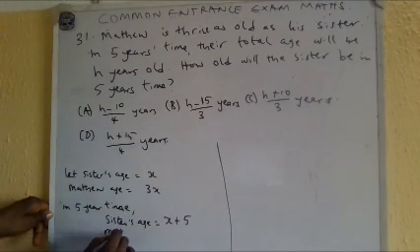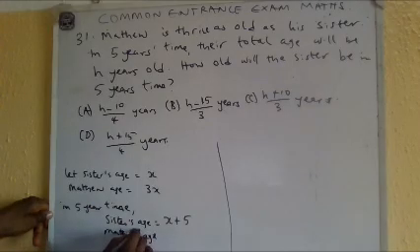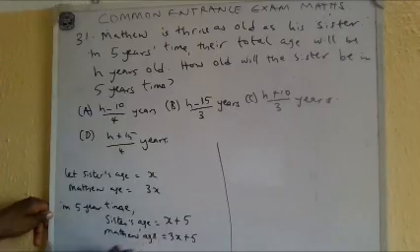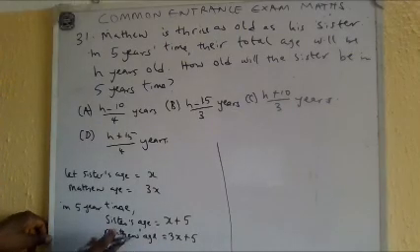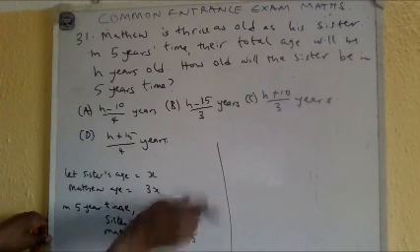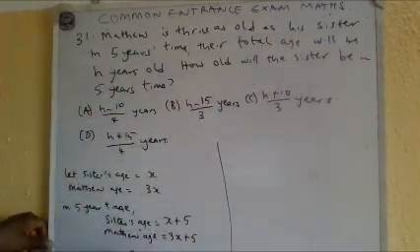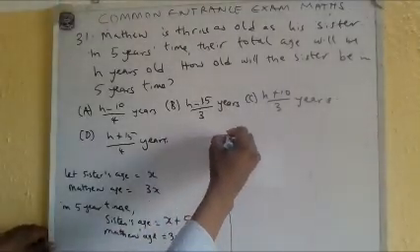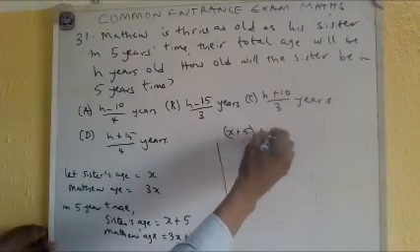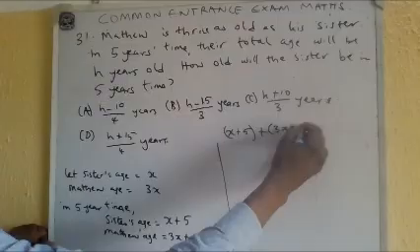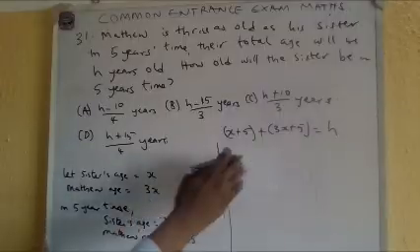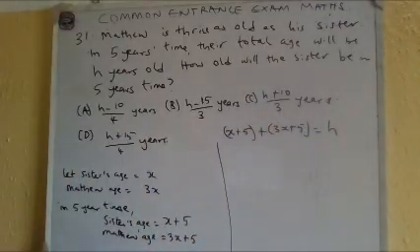Matthew's age will be 3x plus 5. They said in 5 years' time, if you add the two of them together, their total age will be H years old. So in that same 5 years' time, the sister's age, x plus 5, plus Matthew's age, 3x plus 5, will be H years old.